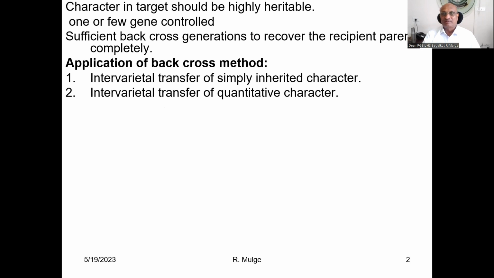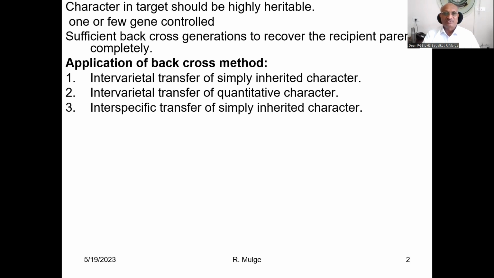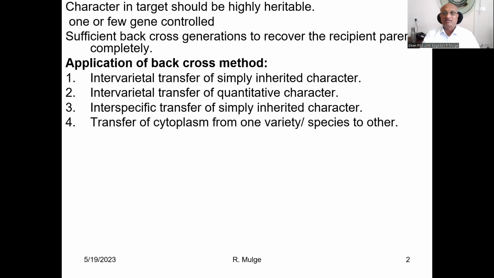Quantitative means polygenic inherited character. It can also be used for interspecific transfer of simply inherited characters from one species to another species. Here it is not a quantitative character but one simply inherited, maybe controlled by one or few genes.